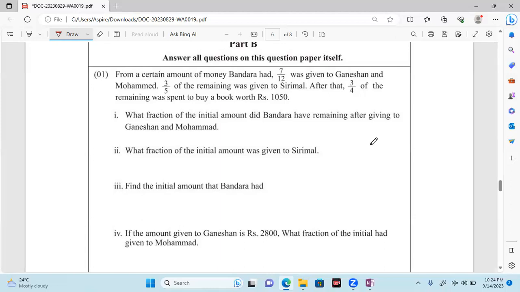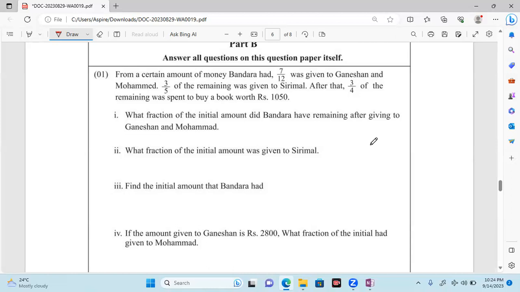Okay, let's move to the first question of part B. From a certain amount of money Bandara had, 7 upon 12 was given to Ganeshan and Mohammed. The 3/5 of the remaining was given to Sirimal.